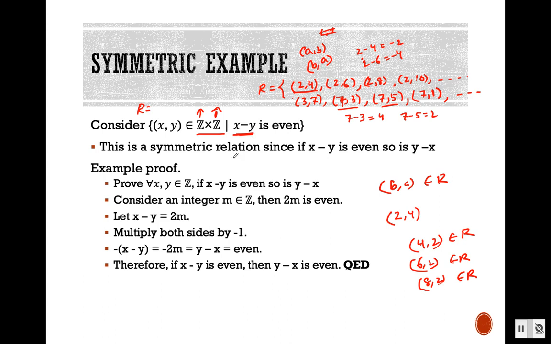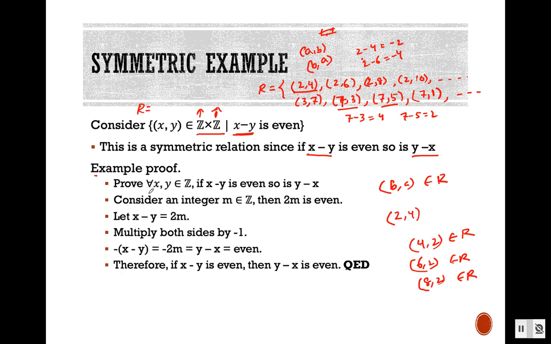So if x minus y is even, then y minus x is also even, and we can prove that this is symmetric, because for every ordered pair (x, y), if x minus y is even, then y minus x will be even too. That's an example proof. There can be many proof techniques to prove a theorem or a proposition.